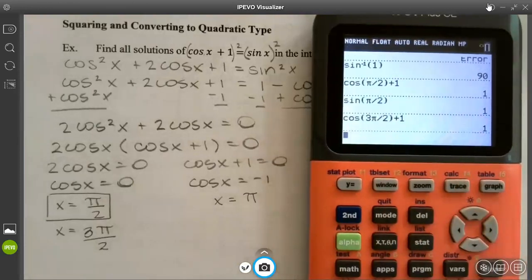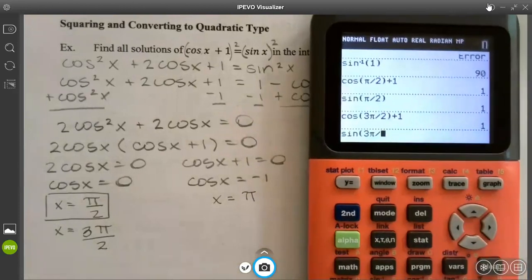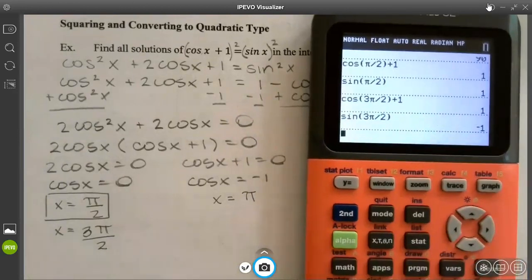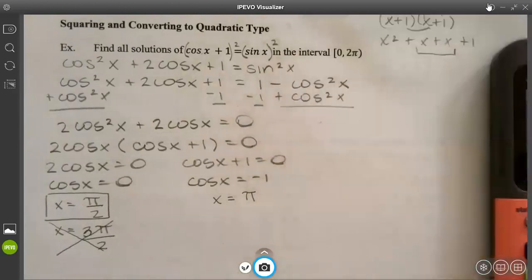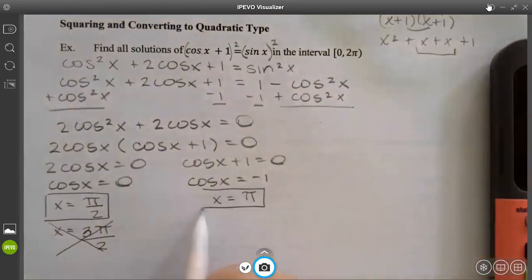We can try 3 pi over 2 and sine 3 pi over 2. Are they equal? This is one of those extraneous solutions. This only happens when you square. I will go ahead and tell you that this one does work, but I just wanted to show you the plug-in and to show you one that does and one that doesn't work.